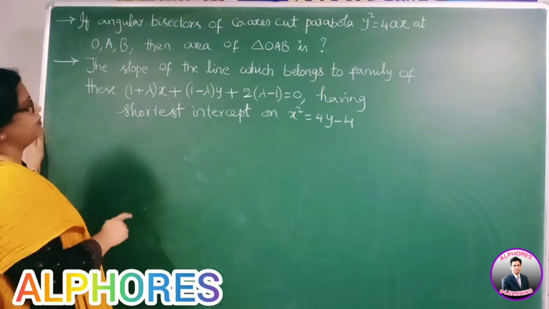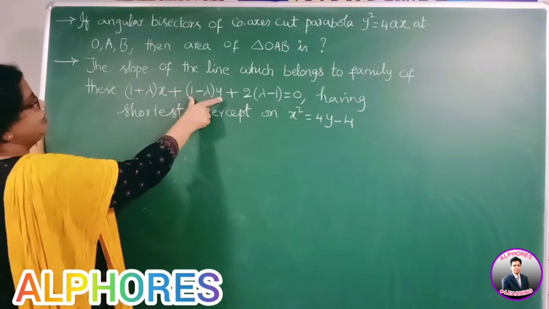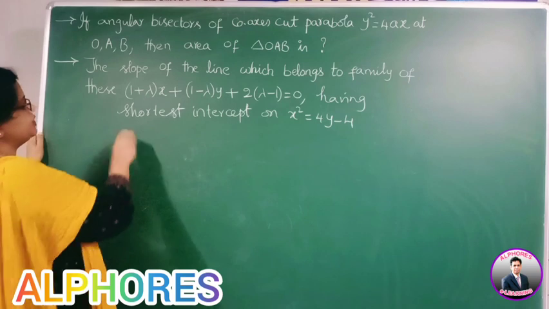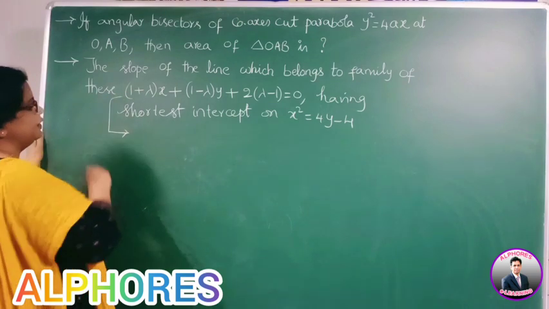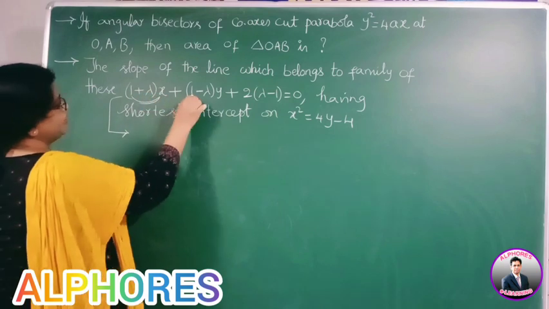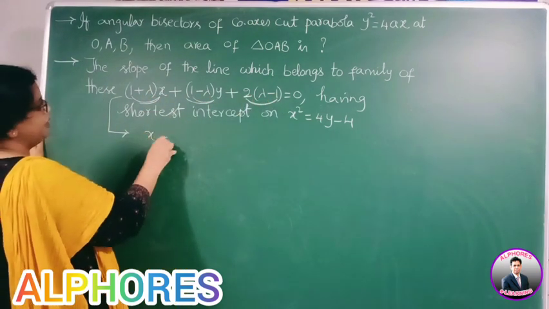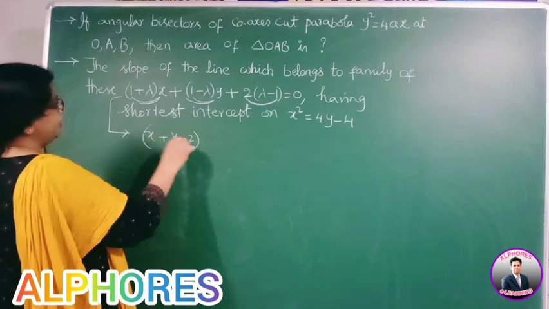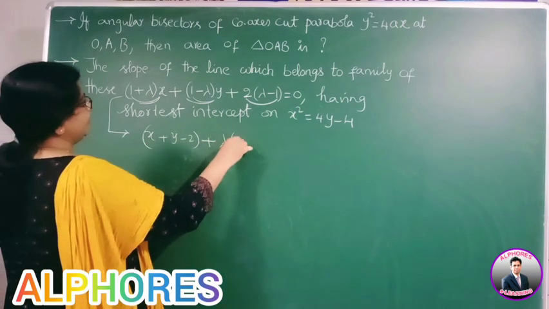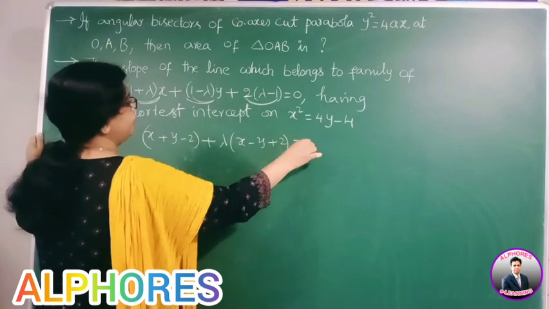Now first of all you know this concept from our first year, that means family of lines. First let us observe this family of lines. We write this as 1 into x plus 1 into y minus 2, so it is x plus y minus 2, and after that we write lambda times x minus y plus 2 equal to 0.